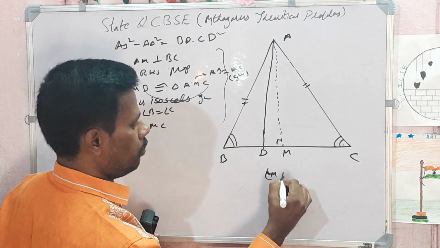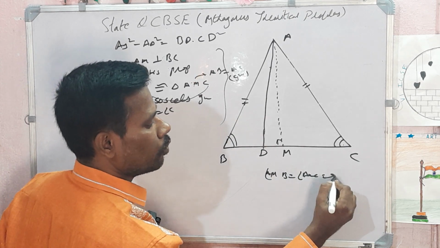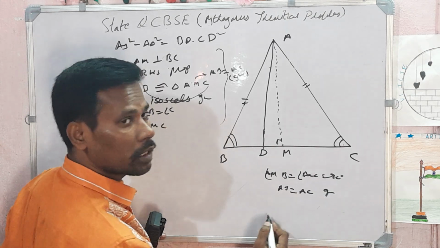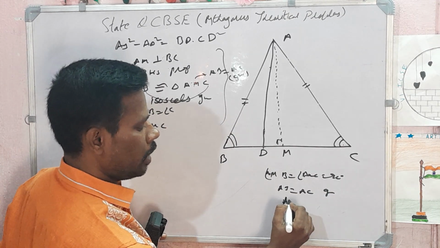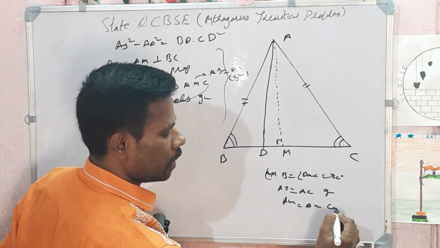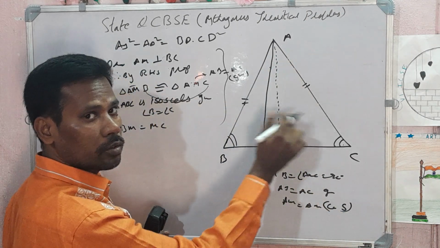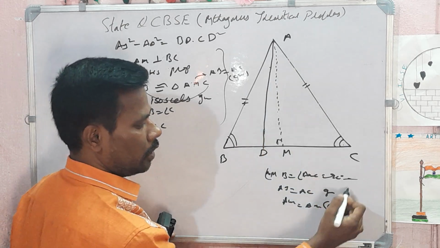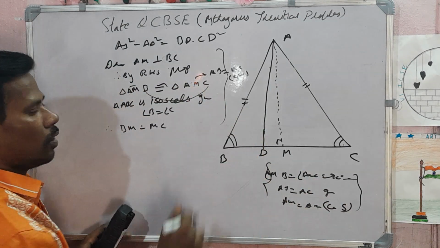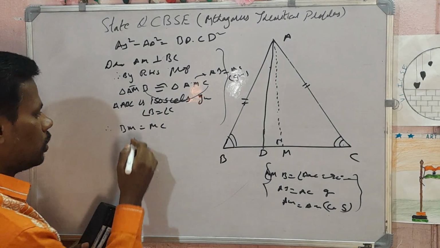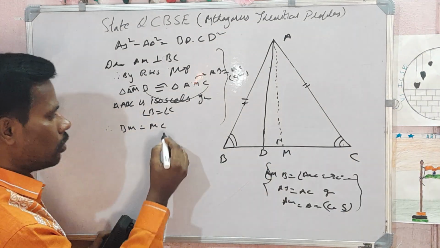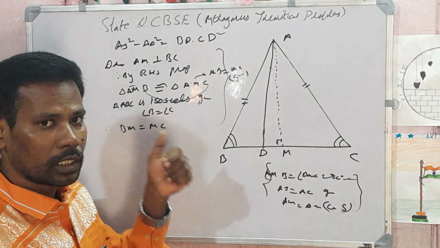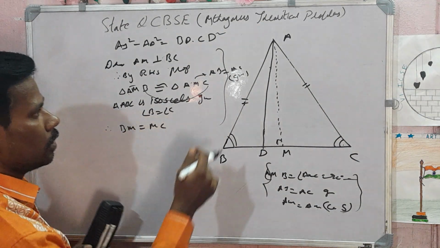Next, AM is equal to AM, common side. So these two triangles have right angle, hypotenuse and common side, so by RHS these two triangles are congruent. Until here, any doubts? Therefore you can write BM is equal to MC. Any doubts? Nothing, so we will proceed further.